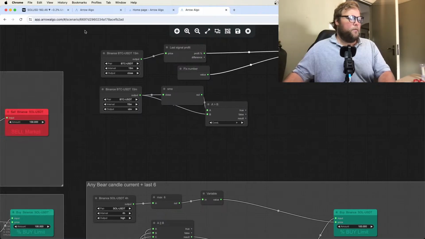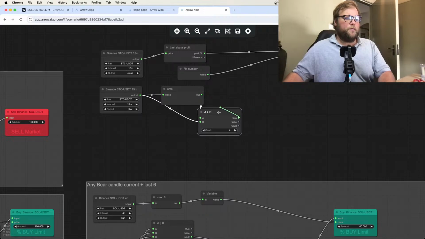So is the volume lower than its moving average?